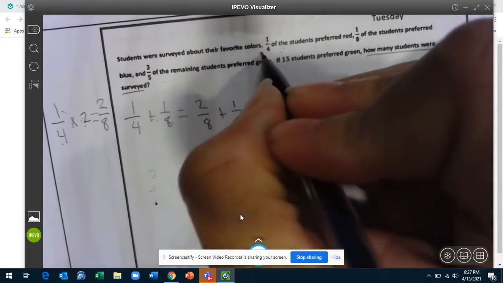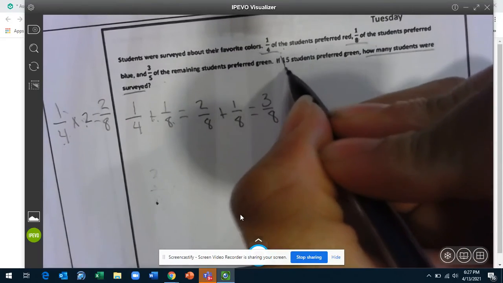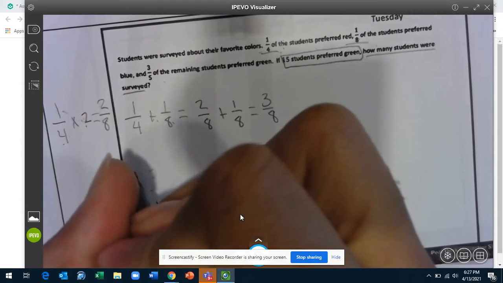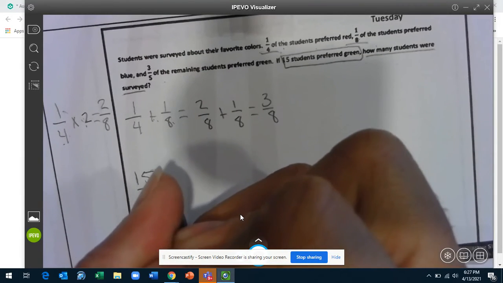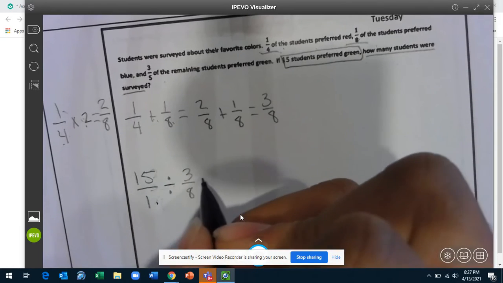All right. So we used the 1/4, used the 1/8. So now we want to take the 15 students total who preferred green. So we want to do 15 over 1 divided by 3 eighths, right?